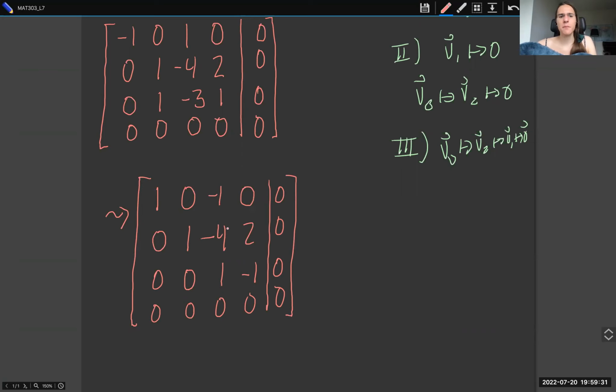Okay, let's make more entries 0. So we have these ones in the diagonal, and that's great. Let's make more of these things be 0. So let's get 1, 0, 0. If we do this, then we're going to add 1 here and subtract 1 here, so -1. Let's make this 4 be 0. So we're going to add 4 here.